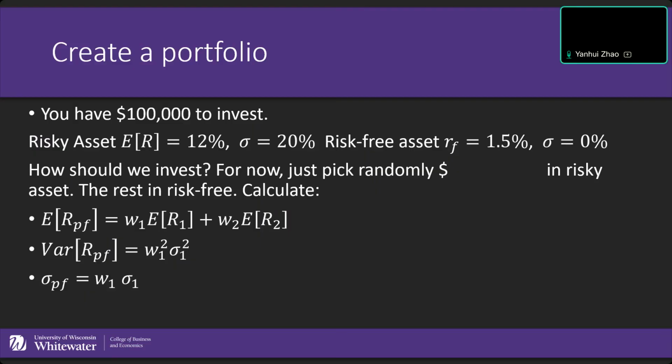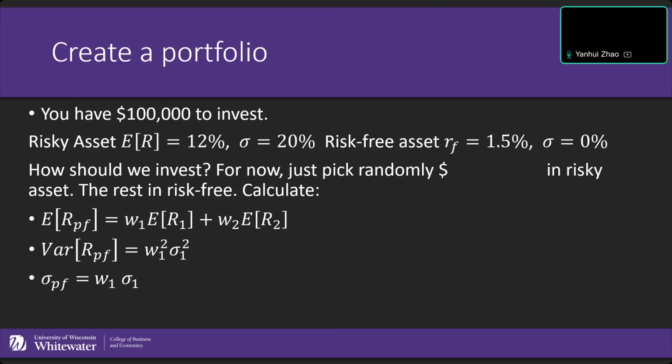The expected return is relatively straightforward. It equals the weight on the first one, the risky asset, times the expected return on the risky asset, plus the weight on the second asset times the return on the second asset.